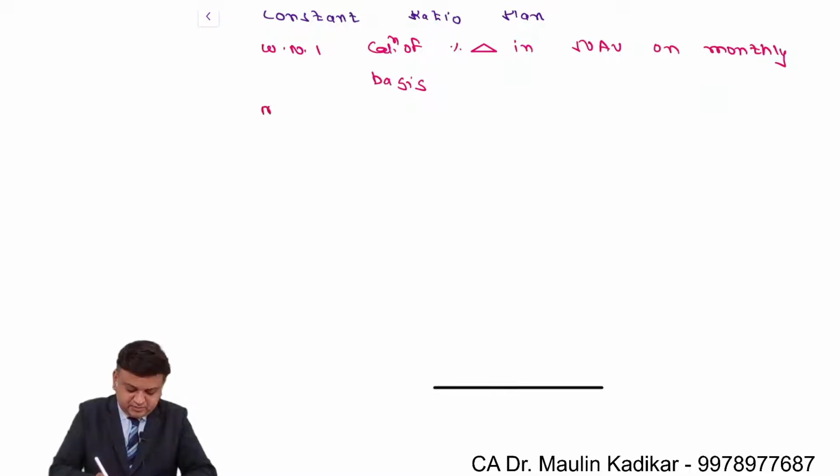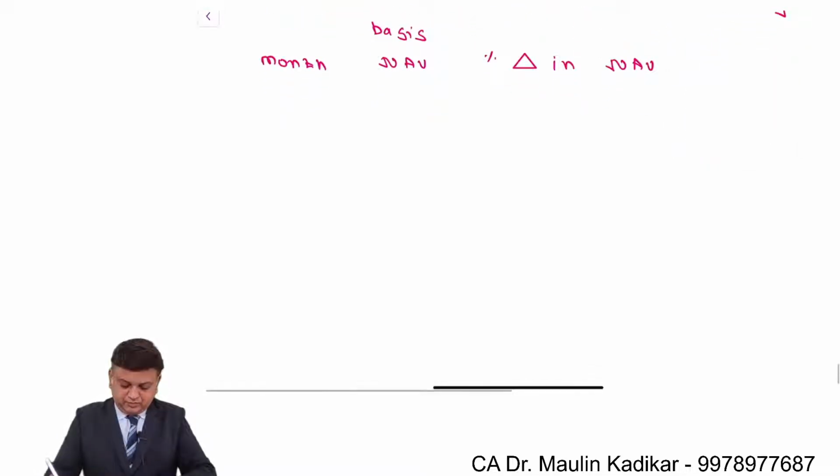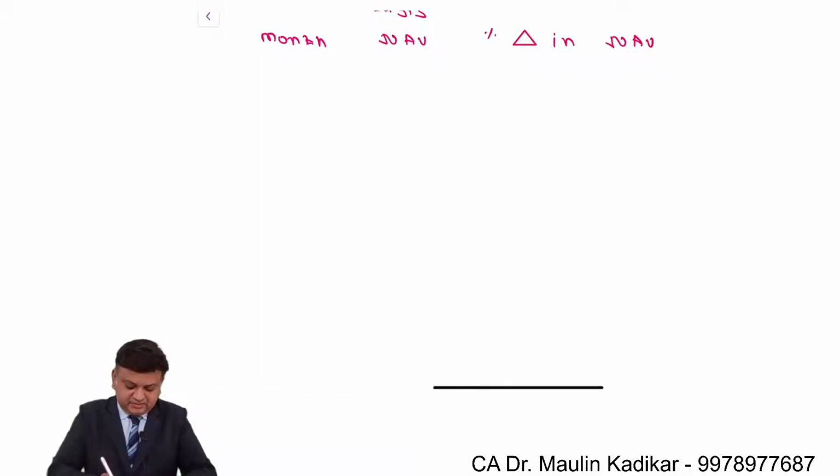Column number 1 is month. Column number 2 is net asset value. Column number 3 is percentage change in NAV. So in the month column, I am writing December. NAV, I am writing 40 rupees. Again in the month column, I am writing January.